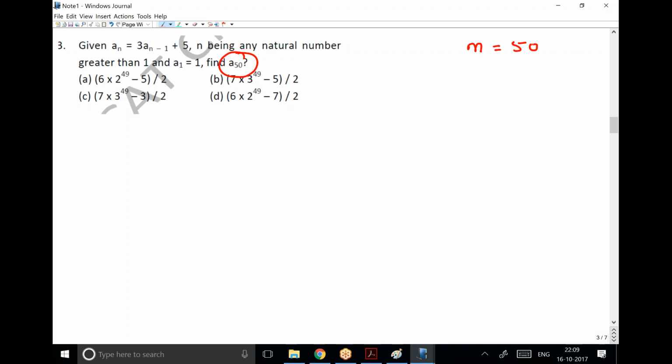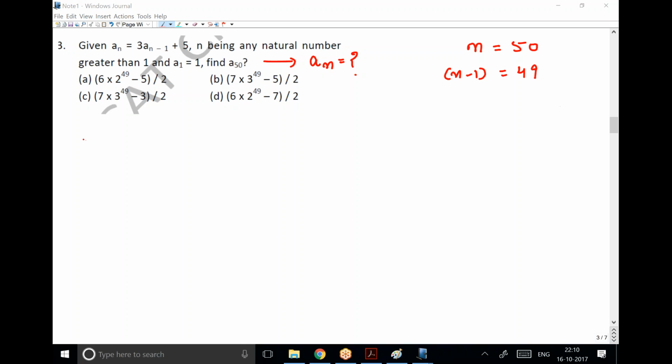Now when n becomes 50, our objective is to find out what is an. So if n is equal to 50, we can also say n minus 1 is equal to 49, right?